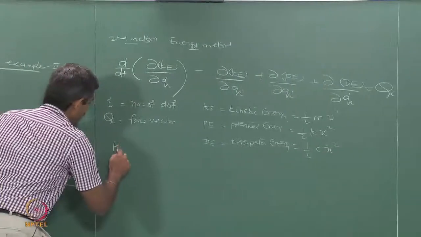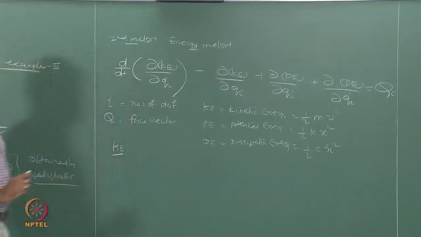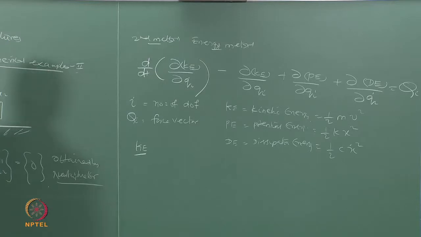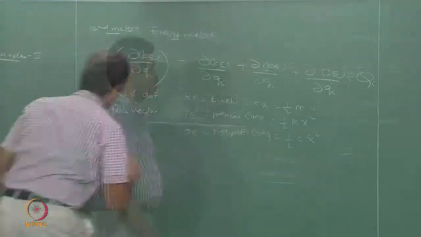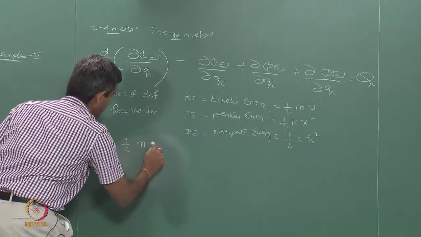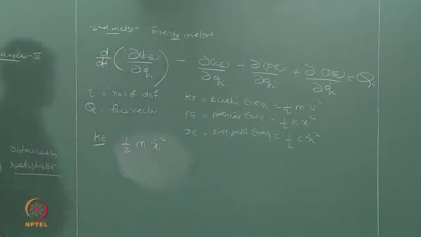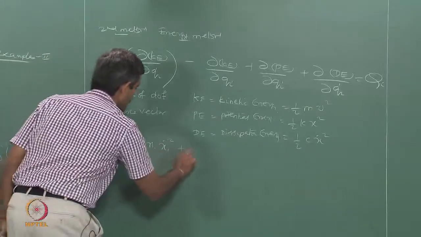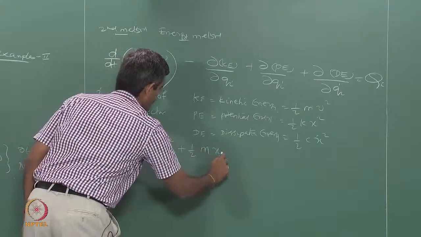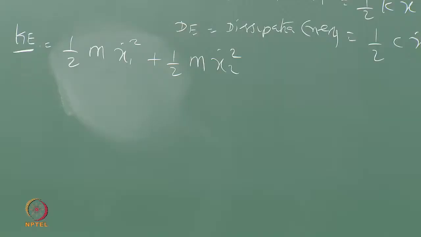So, first let us write the expression for kinetic energy. Look at this spring, it is not connected to anywhere else except x1. So, half m x1 dot square plus half m x2 dot square.